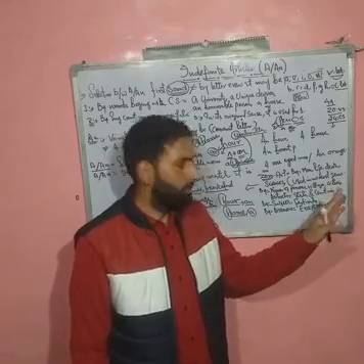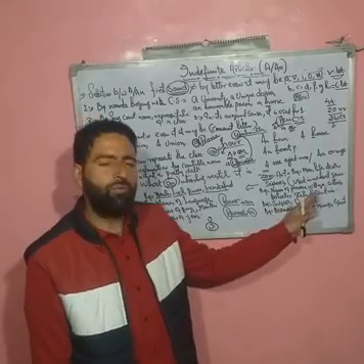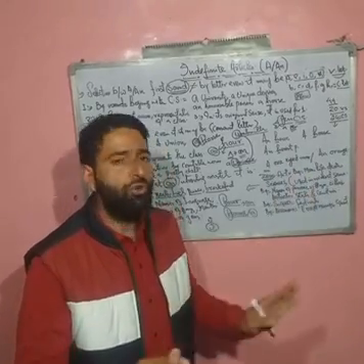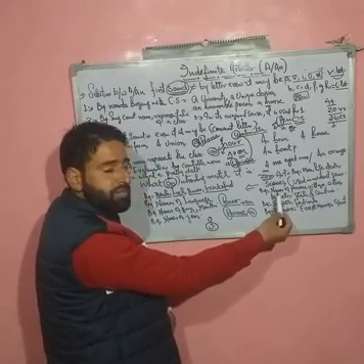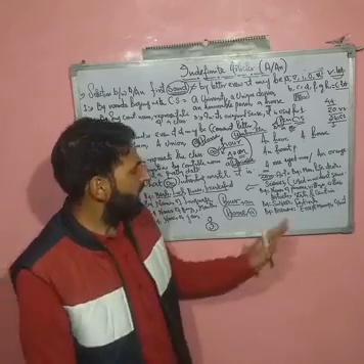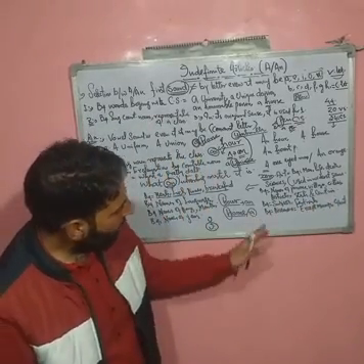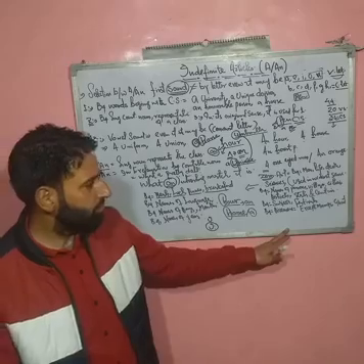Cities: before cities we should not use any type of article. These are the cases where we use zero article. Districts: before the names of districts we should not use any type of article. And states and countries.